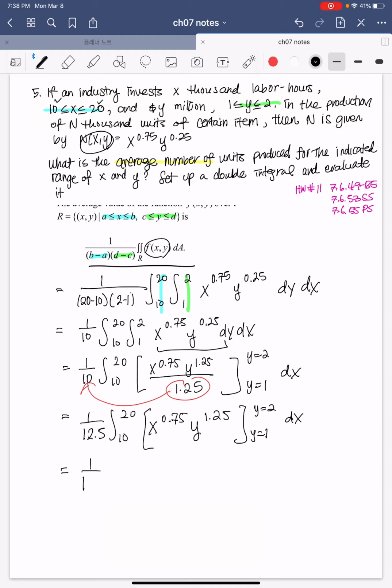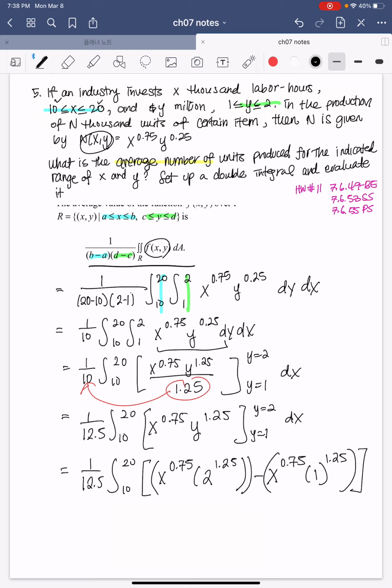So 1 over 12.5, 10 to 20, x raised to 0.75 times 2 raised to 1.25, and then minus x raised to 0.75 times 1 raised to 1.25, dx.